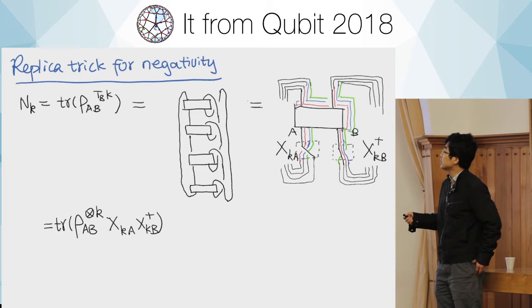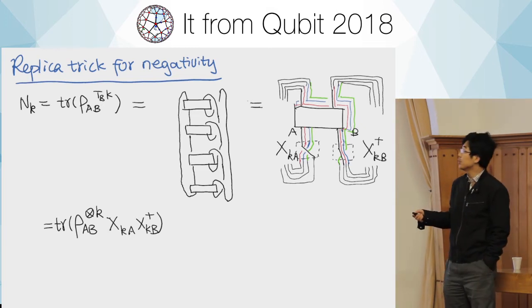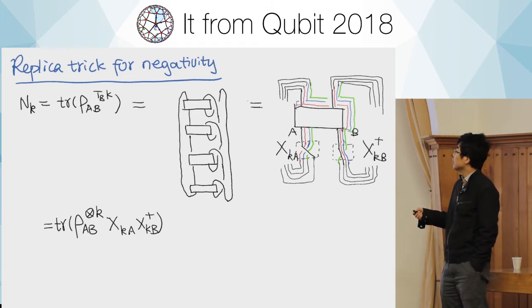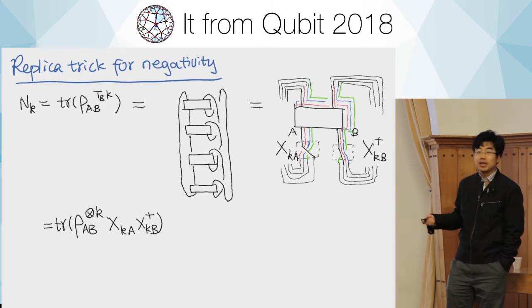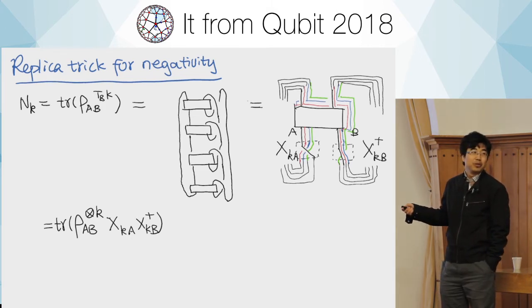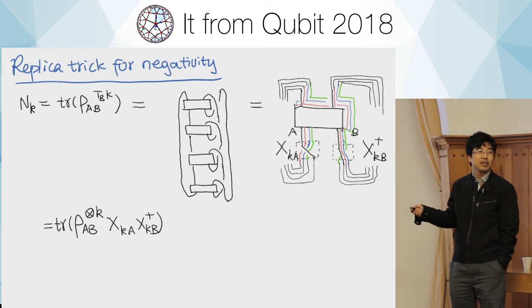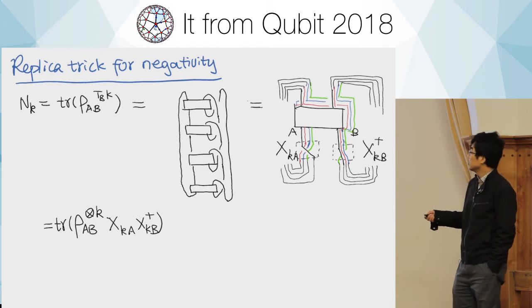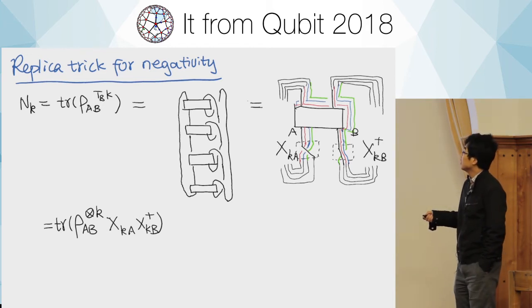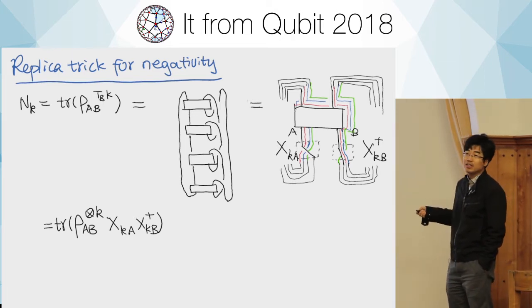Okay, similar to the Rényi entropy case, you can write this replicated negativity as an expectation value of operators in k copies of the system, because this quantity is polynomial in rho. I'm just changing how I contract the matrix elements, but it's still polynomial in rho, with power k. So you can write it this way: let's say you take 4 rhos, then transpose each of them and contract. So this is rho, rho, rho, rho, then transpose and contract.